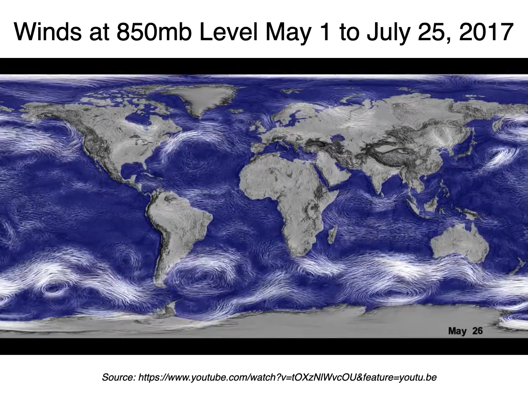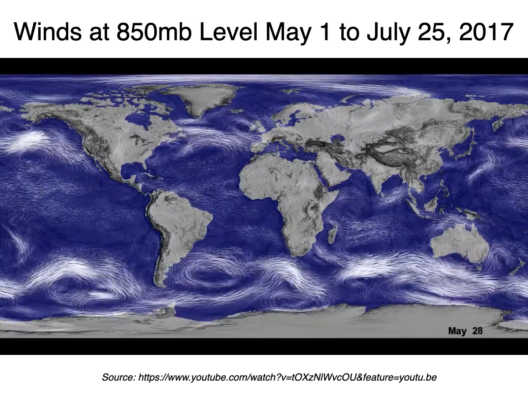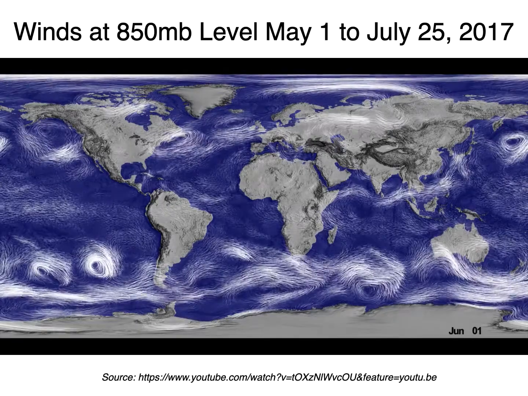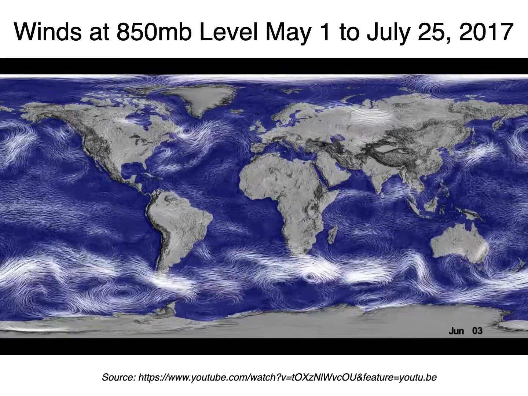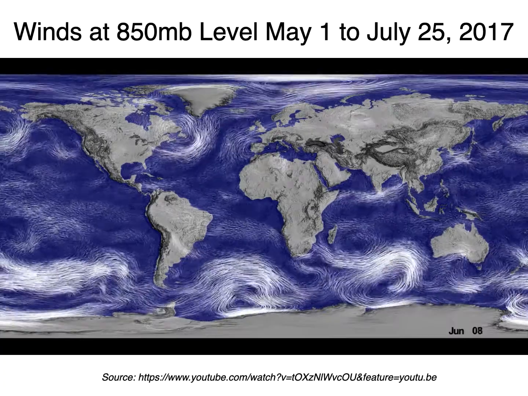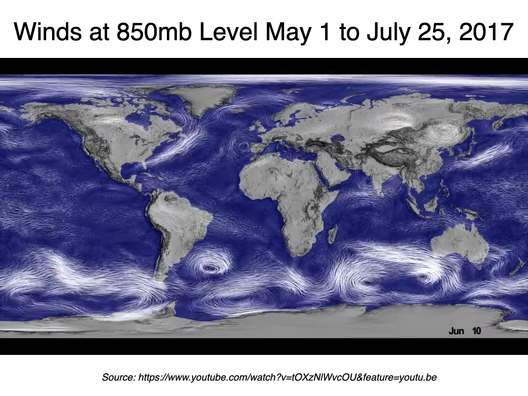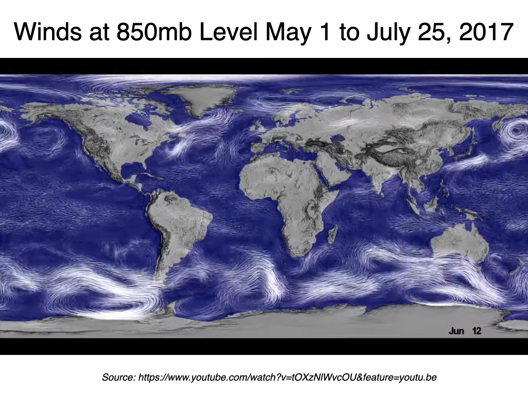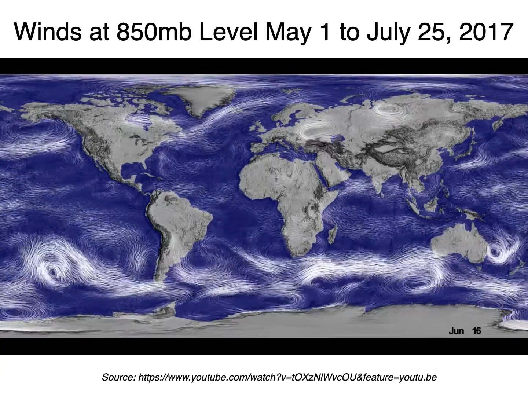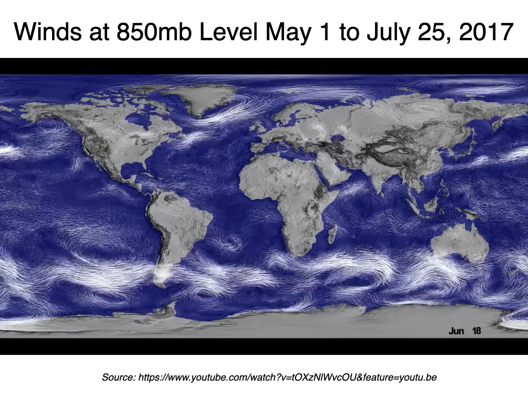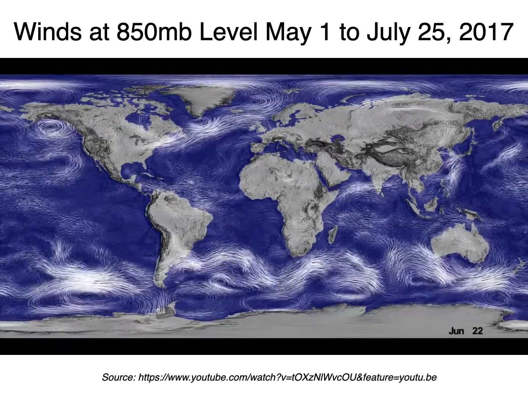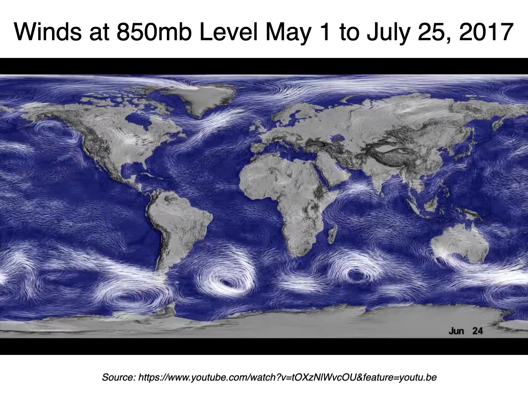Those are the mid-latitude cyclones being generated by the low pressure systems that tend to park themselves in the Aleutian Islands and below Greenland. The flow near the equator is pretty much what we would expect in terms of the southeast and northeast trade winds. They're moving from the east to the west towards the thermal equator.